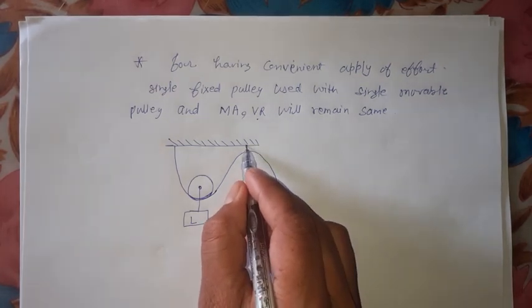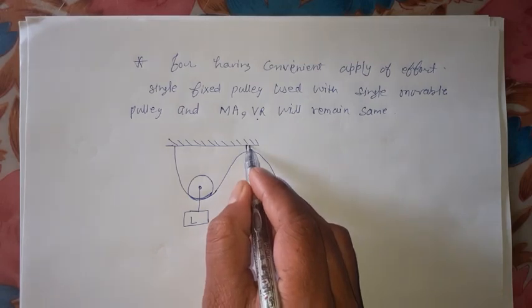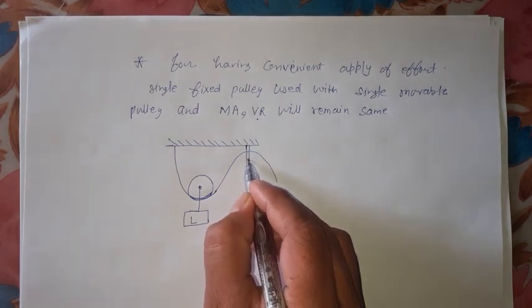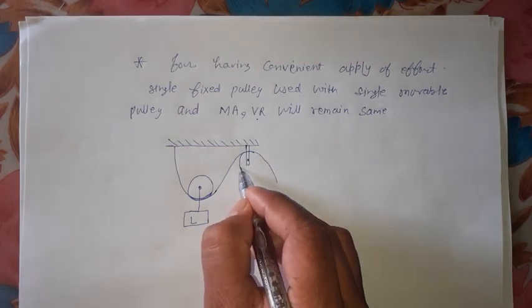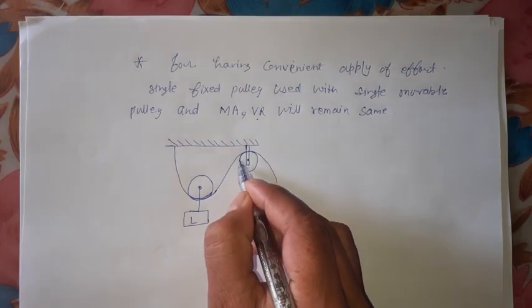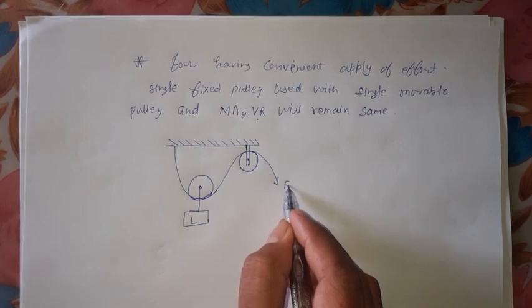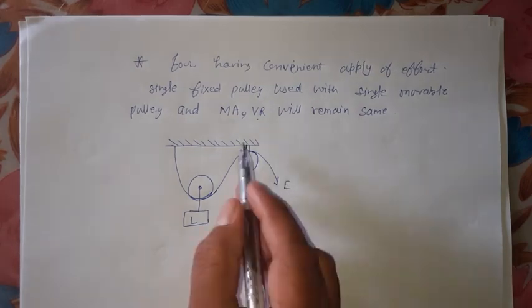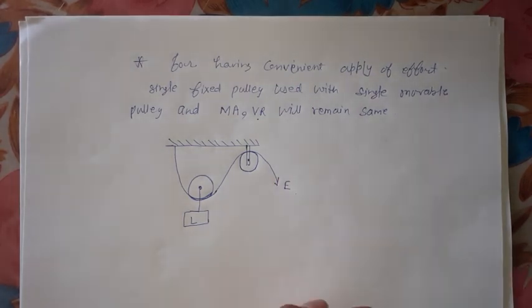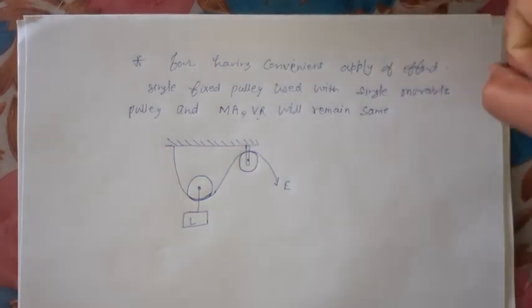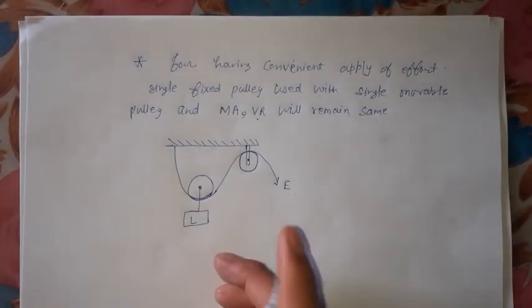This is the support block of the fixed pulley, and this is the fixed pulley. Okay, now I will apply the effort here. You will find that it becomes easier for us to pull downward instead of lifting up as we had in the previous diagram.